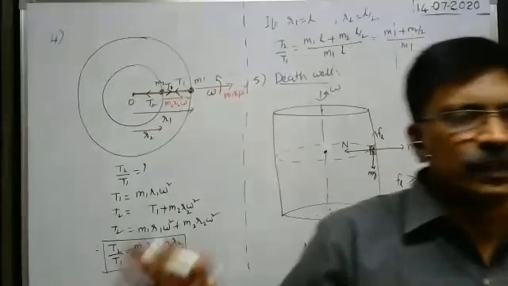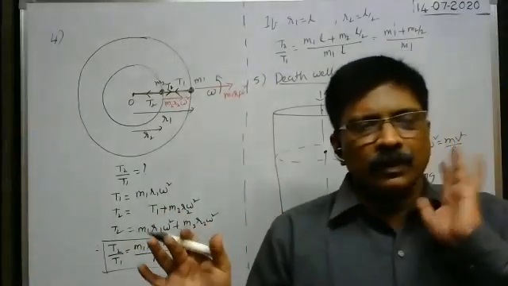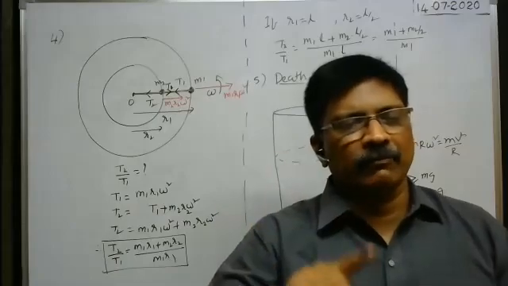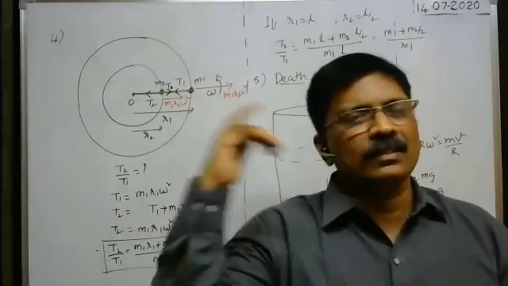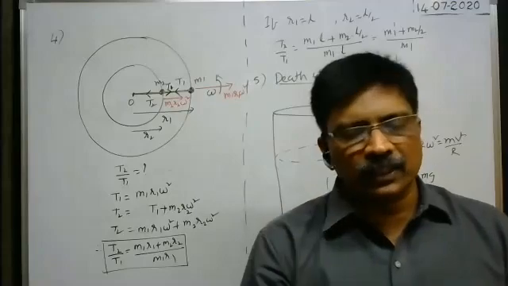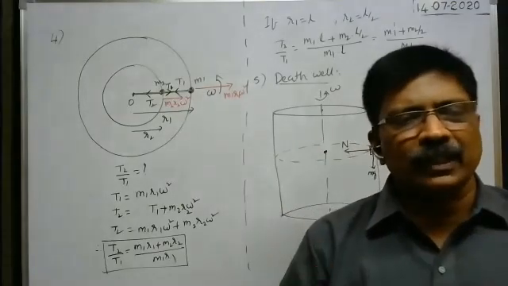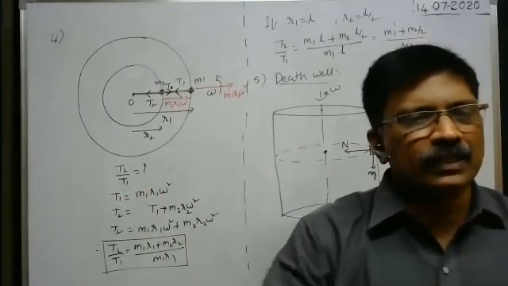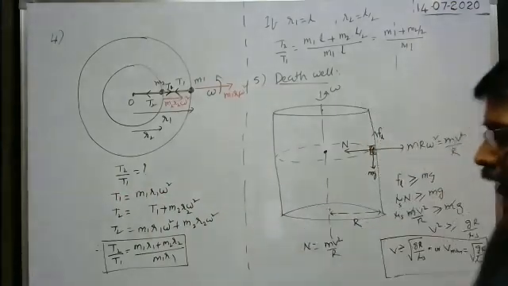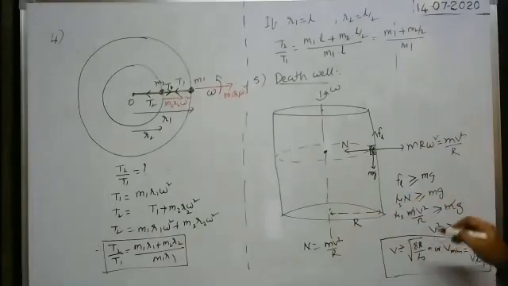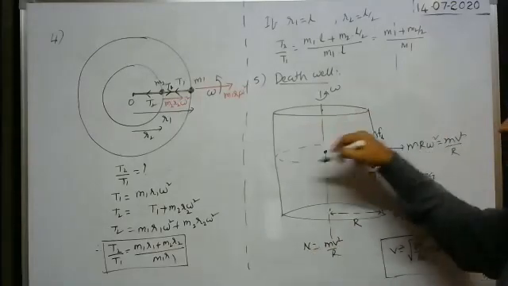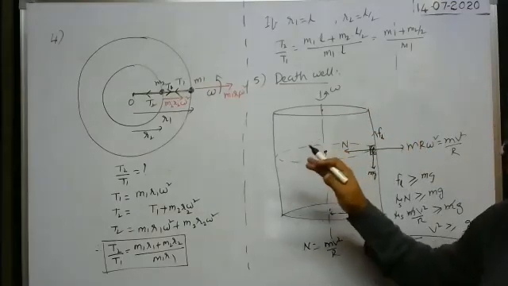So already in exhibitions you might have observed in the death well, whenever a car or motorcyclist travels at a certain height in the horizontal circular path, immediately when the vehicle is started, he cannot go to that height. First he makes rotations on the ground, and whenever he acquires the velocity which follows this condition, then only he rises in the death well and makes rotations in the horizontal plane at a certain height.